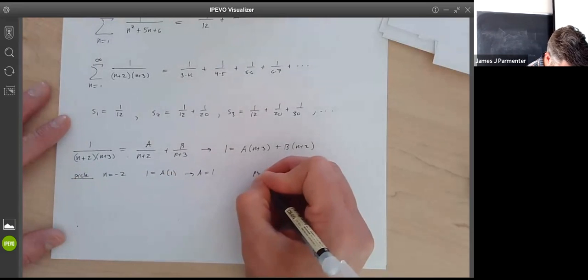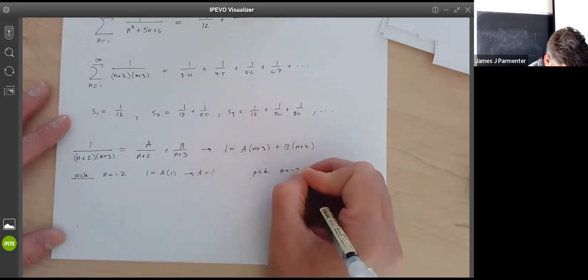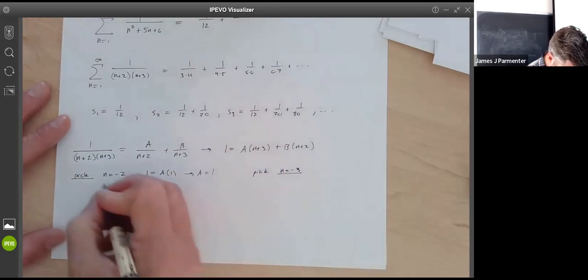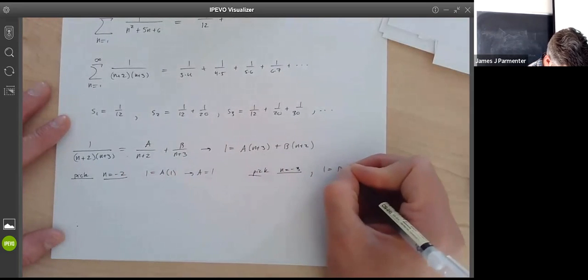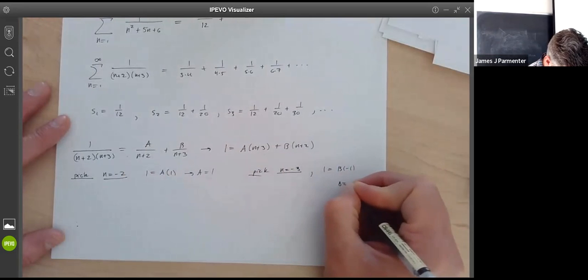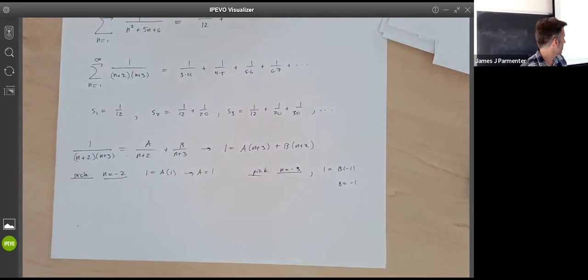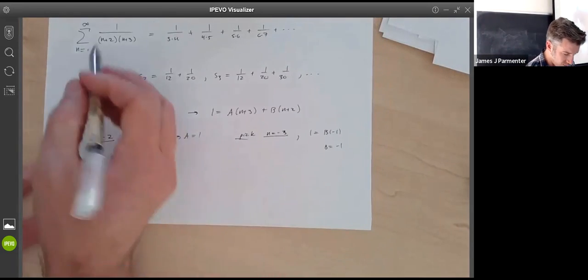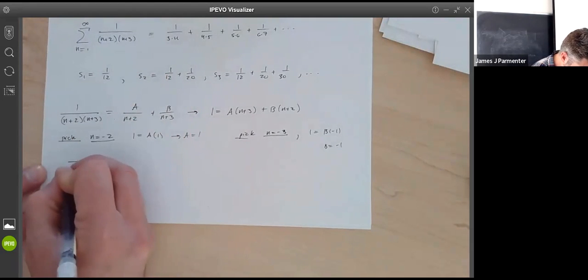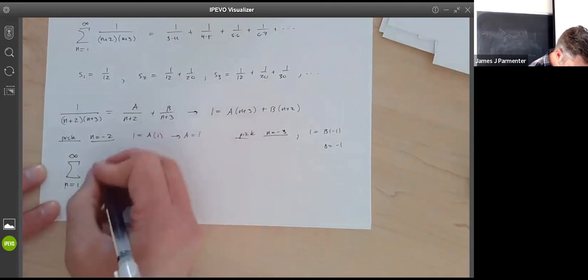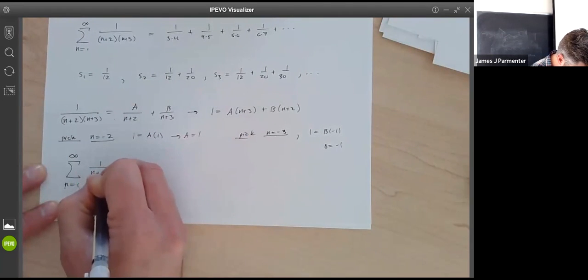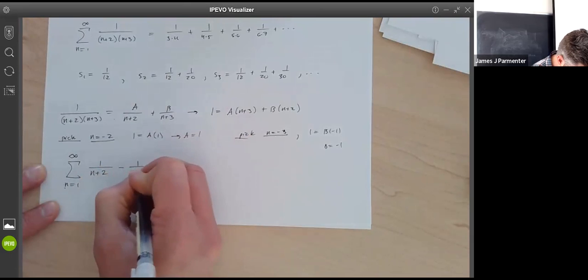And we're going to pick n equal to -3 and we're going to get 1 equal to B times -1. So B equals -1. So what we're going to do now is rewrite this as the sum from n equals 1 to infinity of 1 over n plus 2 minus 1 over n plus 3.